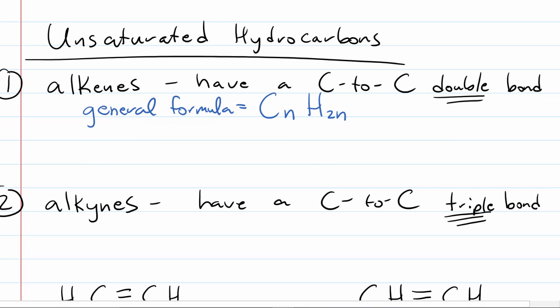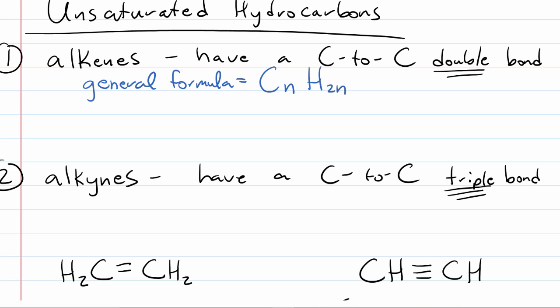And if we go to an alkyne, now an alkyne, remember, has a carbon-to-carbon triple bond. If we open this up, we can put in 2 more hydrogens. We open up another one, we can put in 2 more hydrogens. So this now is going to have 4 less hydrogens than an alkane.